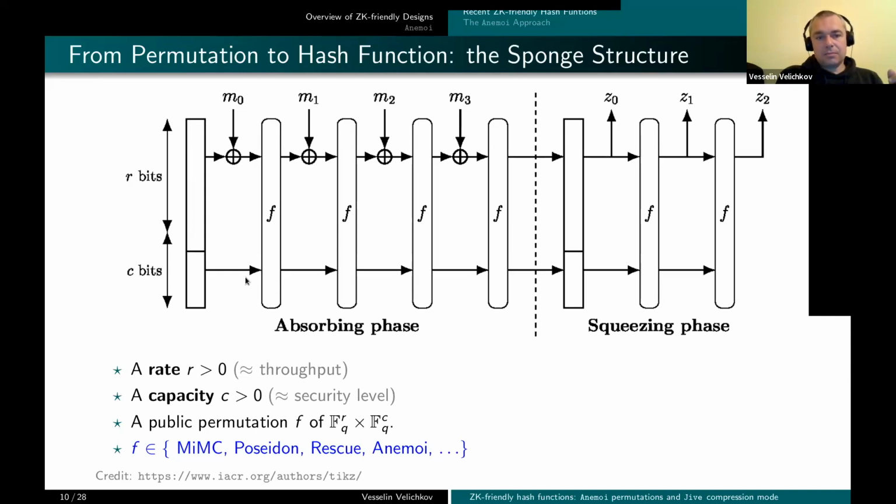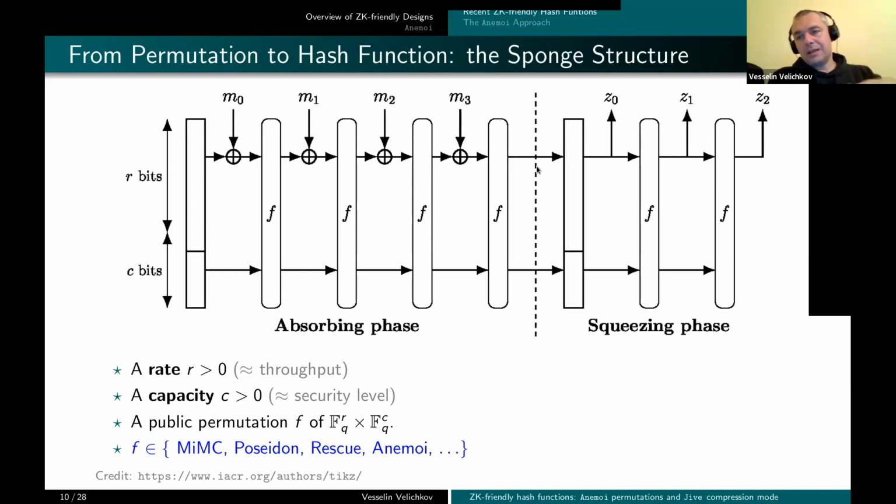And here, you just copy the output. Then you feed this into the permutation. Then the output, you XOR with the next message chunk. Here, you just copy the output, and you go on like this. And this whole phase is called the absorbing phase because it keeps consuming the message blocks. So the message blocks are absorbed into the internal state of the permutation.